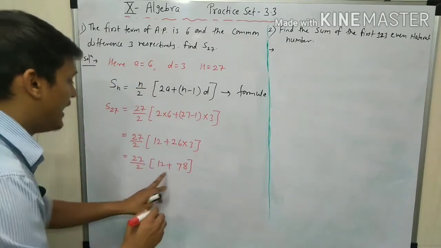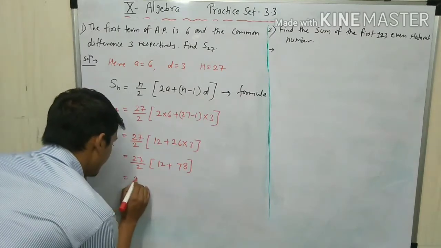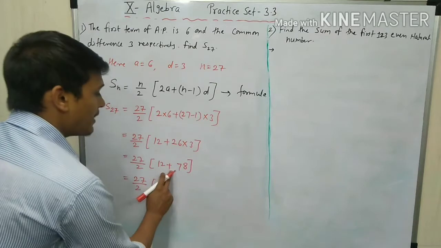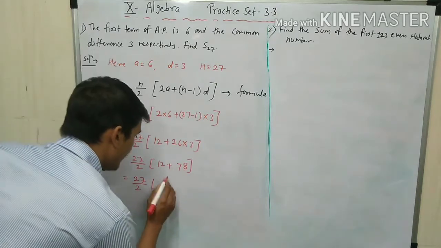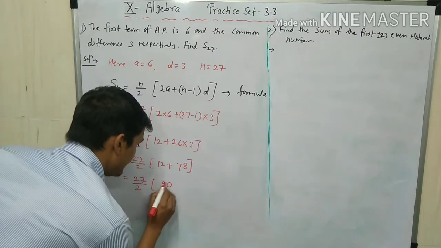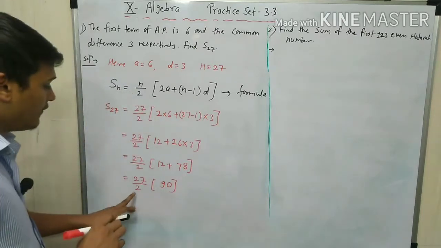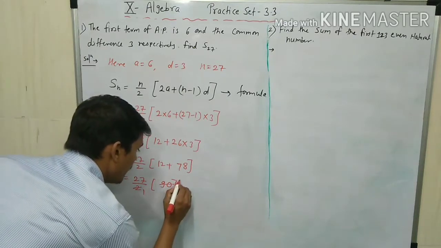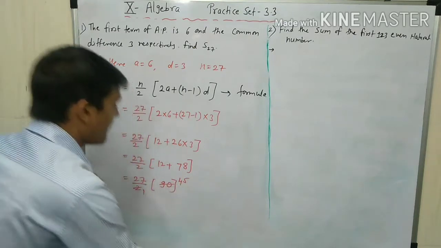Understood? Now add: 27 upon 2, bracket 12 plus 78, which is 90. Understood? Now we can cancel 2: 2 ones are 2, 2 fours are 8 and 2 fives are 10.